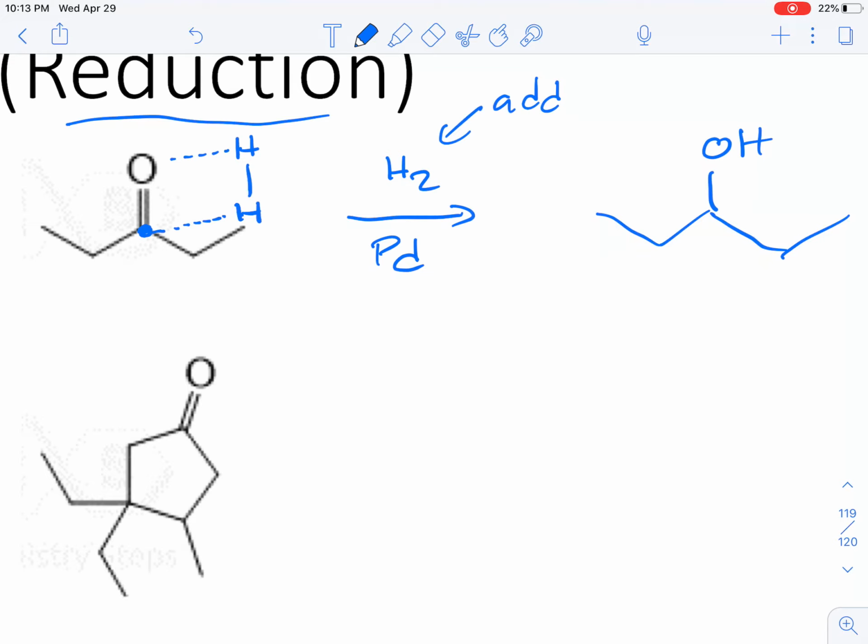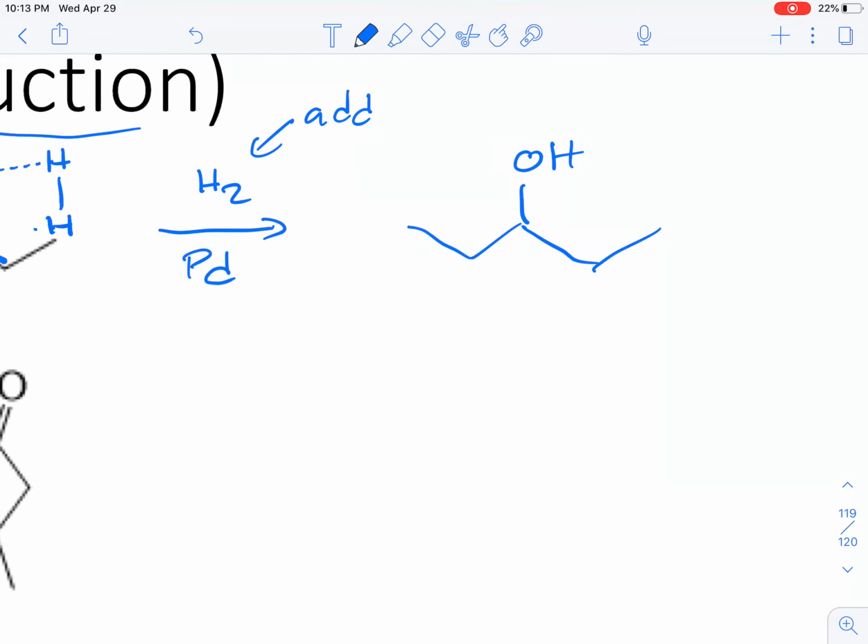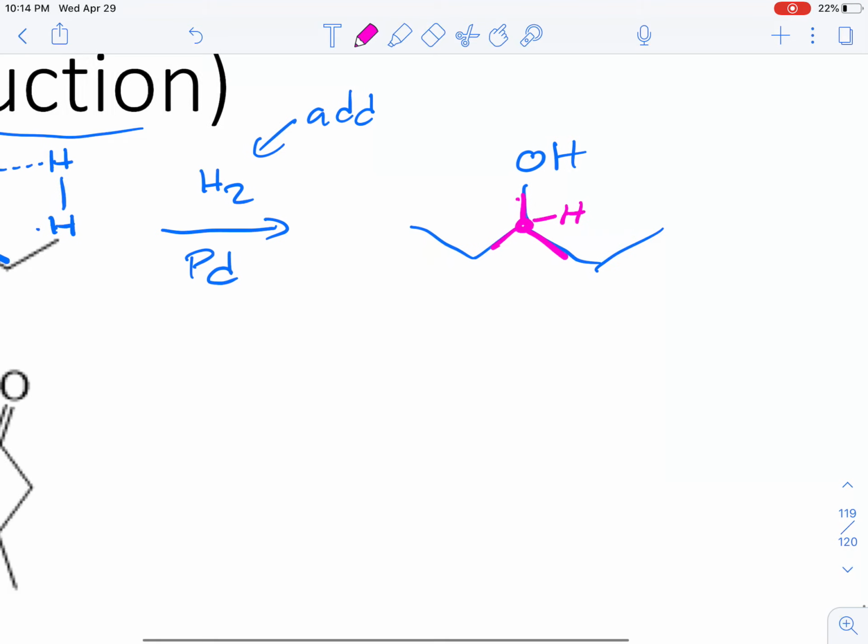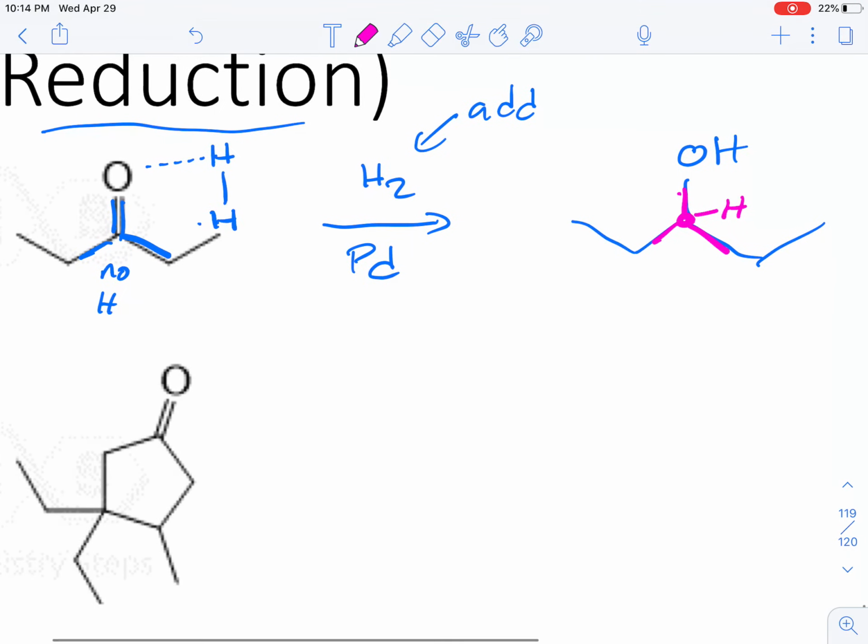Okay, and so if you look at this carbon right here, this carbon has 1, 2, 3, 4 bonds, so it has no hydrogens to begin with. However, when you look at the product, here we have 1, 2, 3 bonds, and that fourth bond, it's implied that there's a hydrogen that was added to it, right?